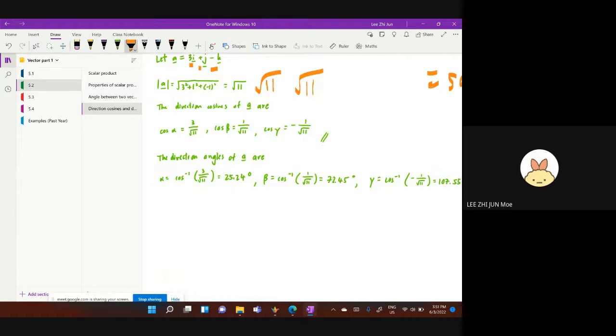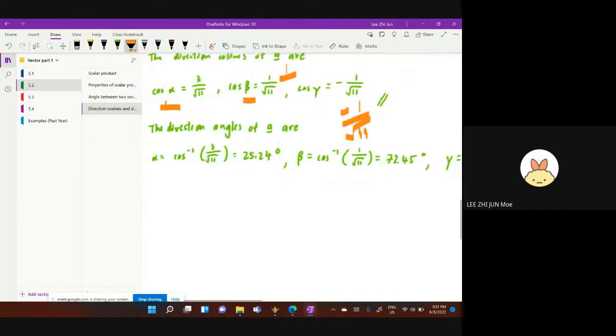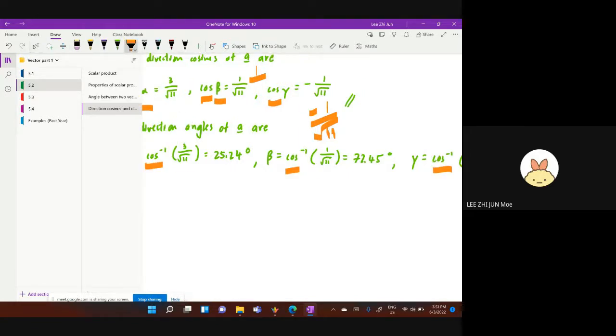The direction cosines of A will be cos alpha 3 over square root 11, 1 over square root 11, and negative 1 over square root 11. For the direction angles, we just take acos.